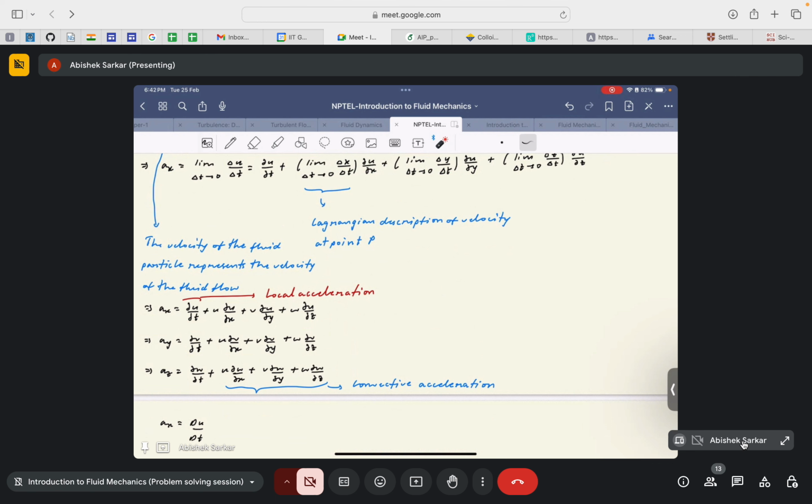The other terms deal with components that have spatial gradients, that is, terms such as dou by dou x, dou by dou y, dou by dou z. These take into account the acceleration because of the change in the value of velocity with respect to the spatial coordinates, and these are also known as the convective acceleration.